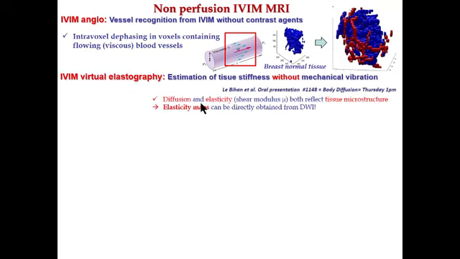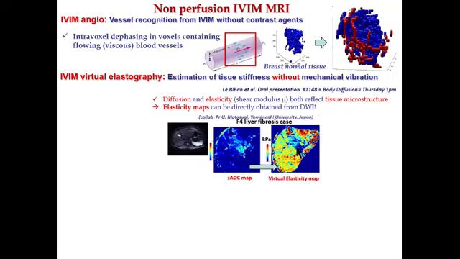And the second point, but I will be quick because I will give a detailed presentation of that, is virtual elastography. The idea is to obtain maps of the elasticity of tissues from diffusion, not using any mechanical vibration. And I'll show on Thursday that it works well.